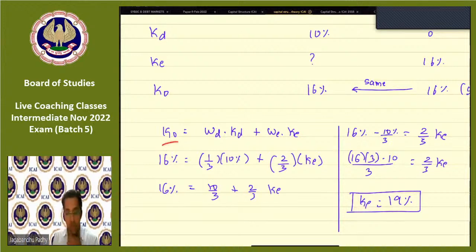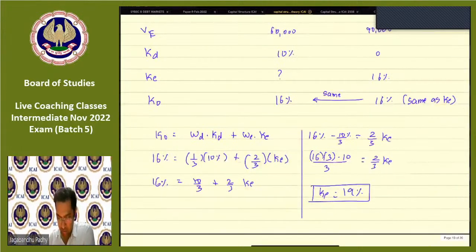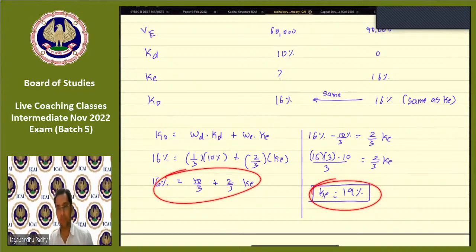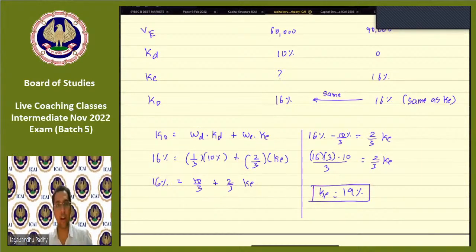So overall cost of capital is 16%, equal to 1/3 into 10% plus 2/3 into KE. Now we don't know what this KE is. We just need to solve this equation to get the KE of 19%. Let's go through the solution of the KE for a minute, guys.